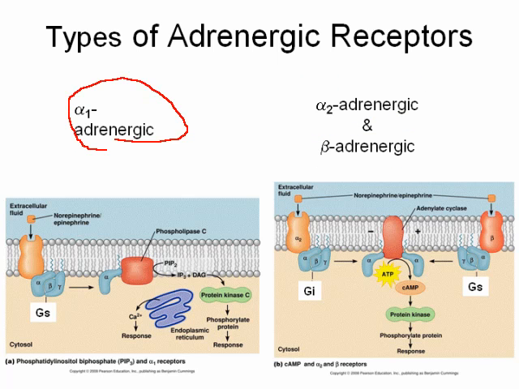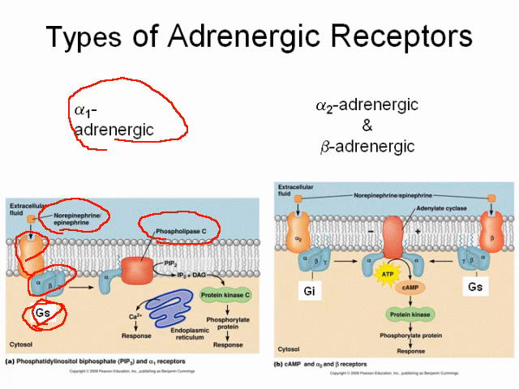The alpha 1 receptor activates the phospholipase C system. It does this through the Gq type of G protein. So we have, in this case, norepinephrine or epinephrine, which are both ligands for the alpha 1 receptor, binding to the alpha 1 adrenergic receptor, activating the G protein.